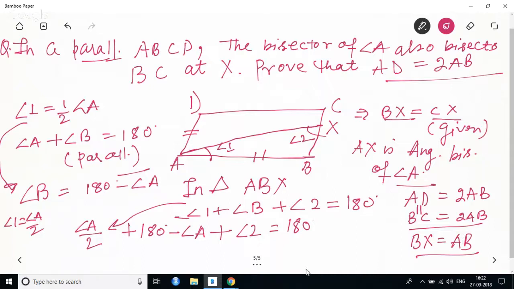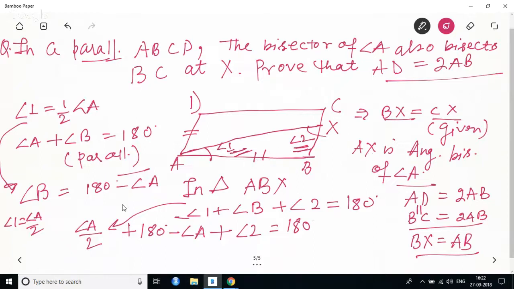So my objective over here is that I need to prove that angle 1 is equal to angle 2. If I am able to prove angle 1 is equal to angle 2, then triangle ABX would be an isosceles triangle, and in isosceles triangles, sides opposite to equal angles would be equal.